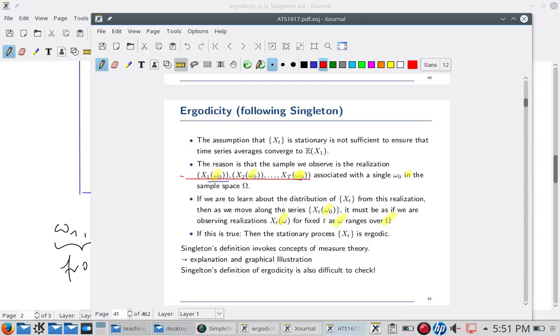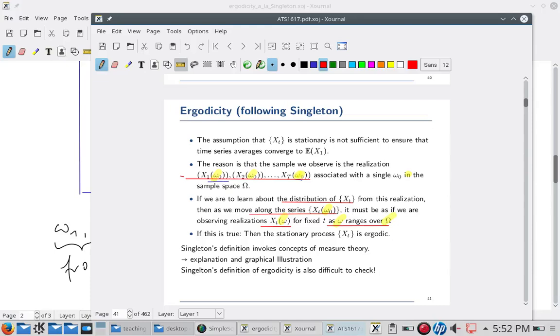If you want to learn about the stochastic process, that is the distribution of xt, from this one realization, then as we move along the series, xt of omega naught, this single realization, it must be the same thing as if we were observing realizations xt of omega for fixed t. But what we do is we let the draws of omega range over the big sample space, big omega.